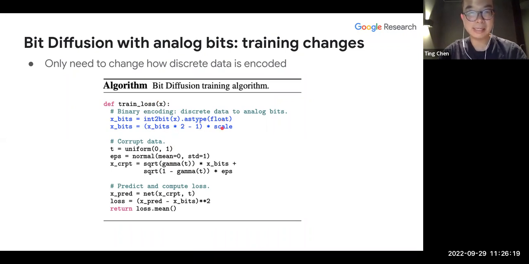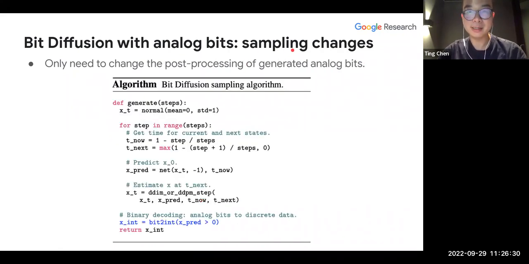You do some shifting and scaling optionally, and then all the rest is just a standard diffusion model. And during the sampling, you just need one line of code change: you still start with the continuous normal distribution, you generate all the samples, and then you take the generated samples and threshold them to get binary bits, and then you turn them into integers, which are the token IDs that originally represented the discrete data.